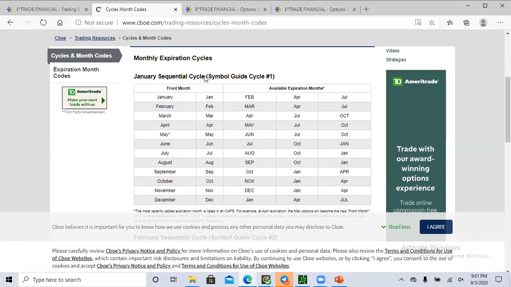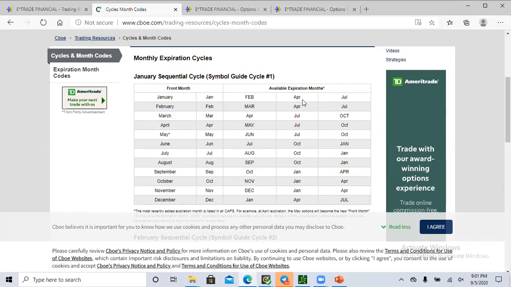So cycle 1 right here, the way you look at it, you have your first month, January, February, and then April, July. Once January finishes, February and March comes up to the front, and then April and July.